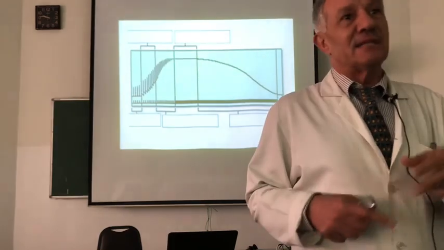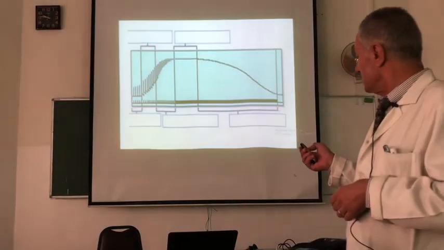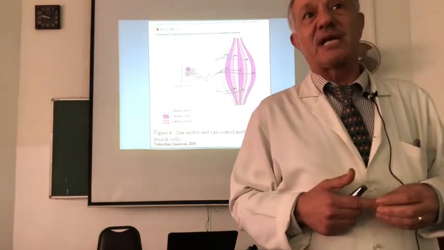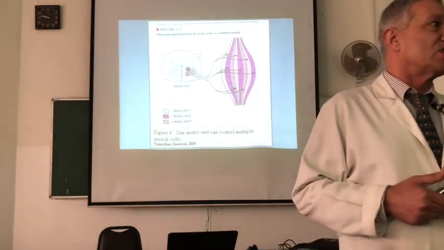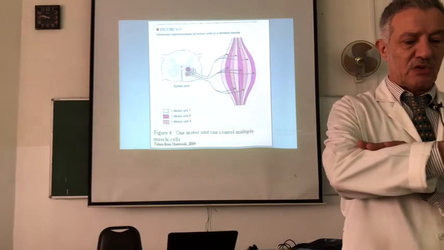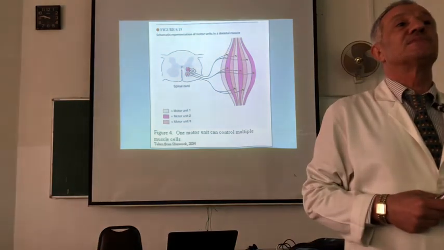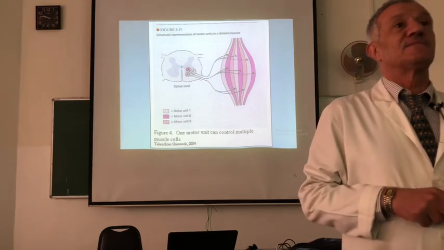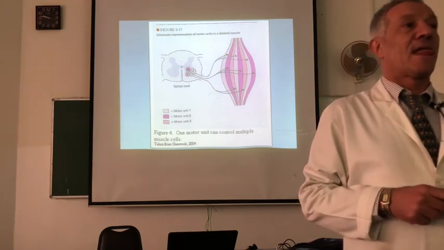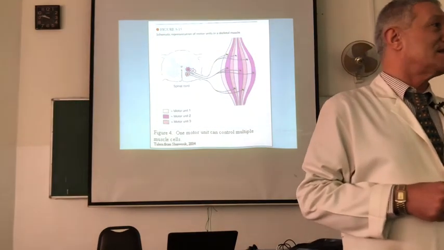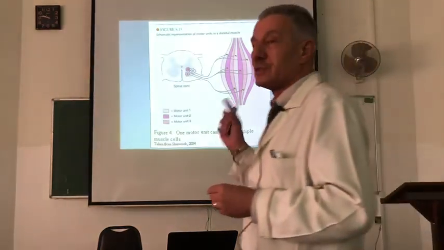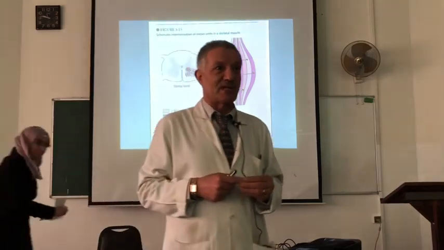We have a second type of summation, which is called motor unit summation. Listen, please. If you have questions. No questions? Okay, next time we'll continue with the wave summation.